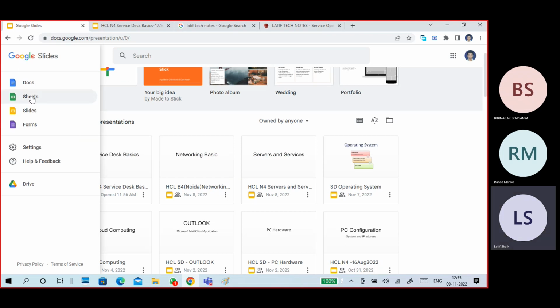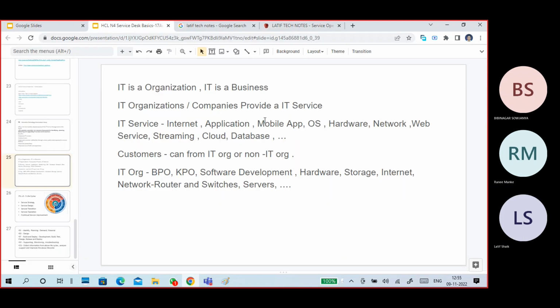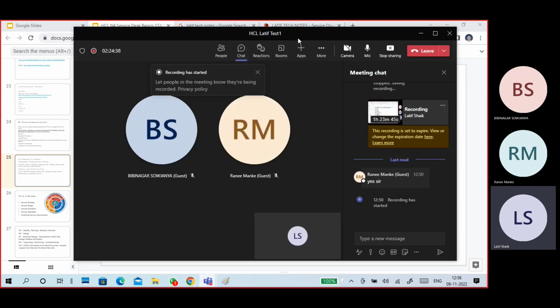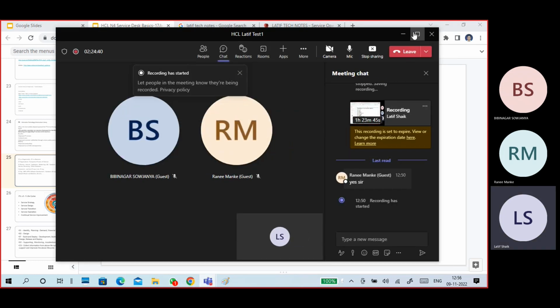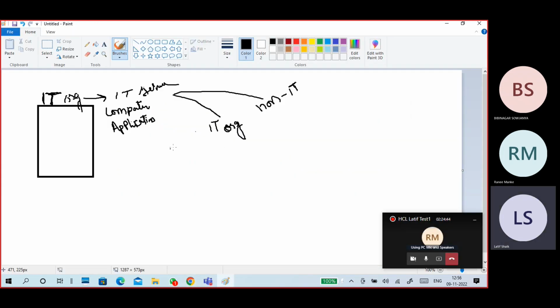Maybe I require sheets, forms, and documents, and we are using an application. What is this application? It is Microsoft Teams. So organizations use different types of applications, whether it is an IT organization or a non-IT organization.